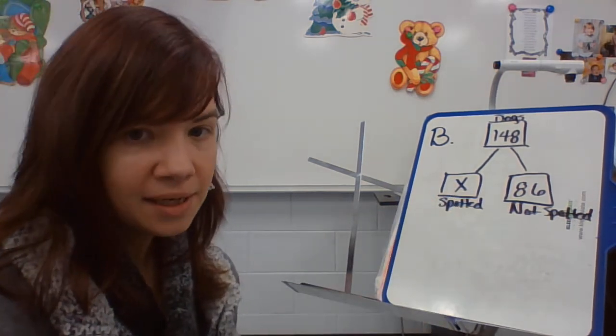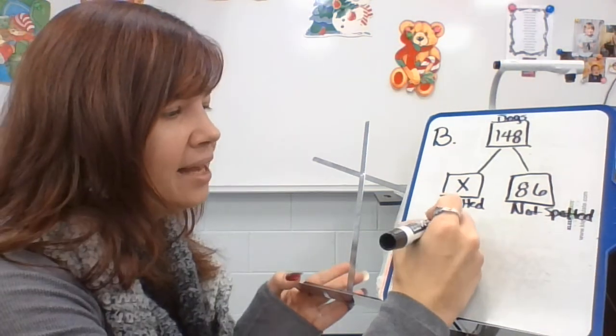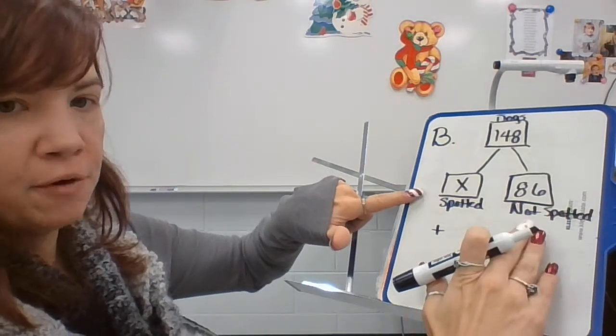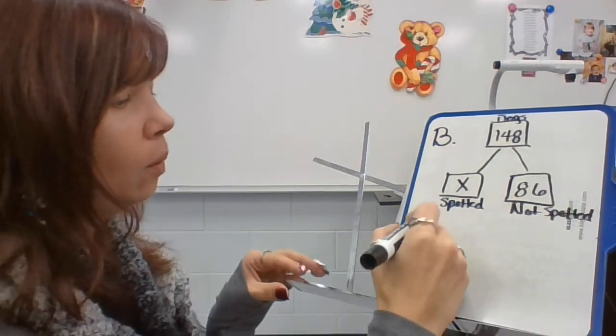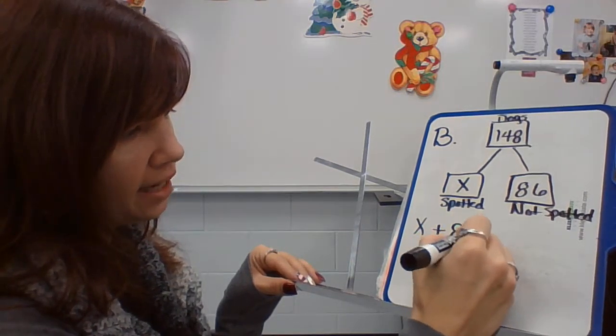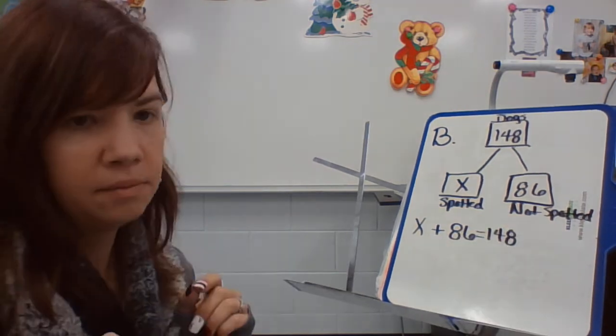And you can tell what kind of sentence it wants because you hear that addend. Addend means I'm going to be adding. Okay, well, when we add, we have our 2 parts that equal the whole. So X plus 86 equals 148.